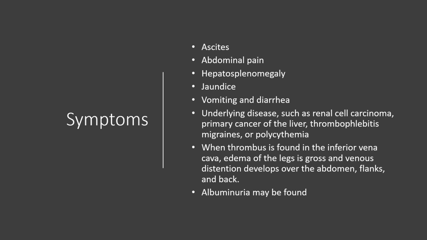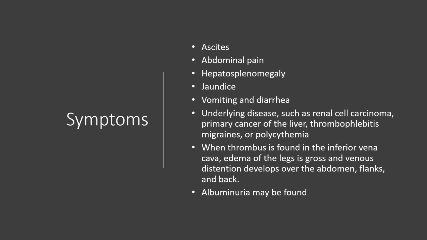Causes are things like renal cell carcinoma, primary cancers of the liver, thrombophlebitis, and migraines and polycythemia can also become problems with Budd-Chiari. When we find thrombus in the IVC, the edema of the legs is going to be very noticeable.